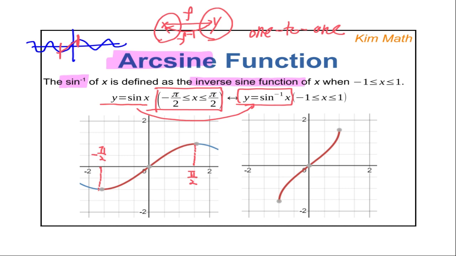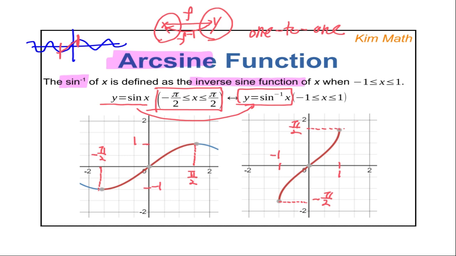Our domain of the inverse starts from negative 1 to positive 1 only, and the corresponding y value will be here, negative pi over 2 to positive pi over 2. Can you see that? These two graphs, everything is switched.